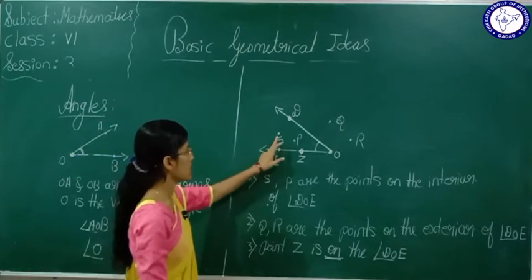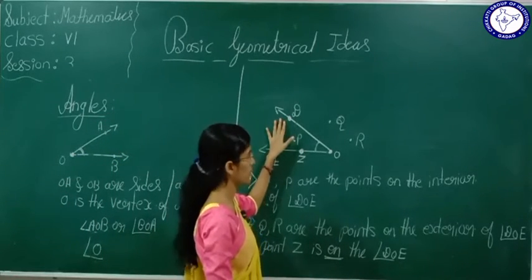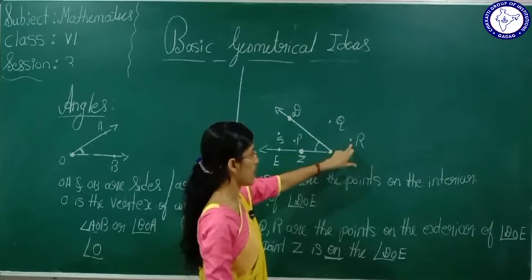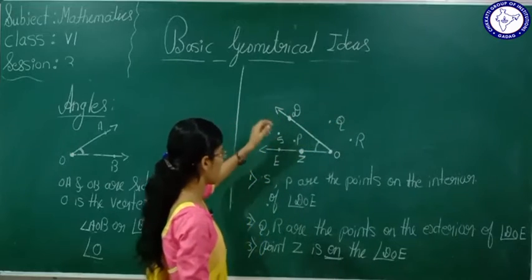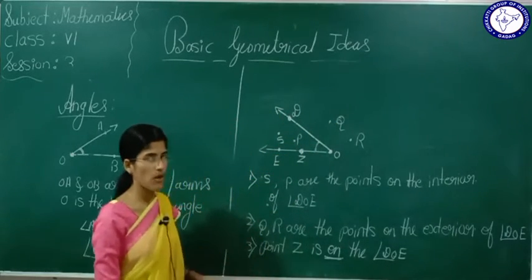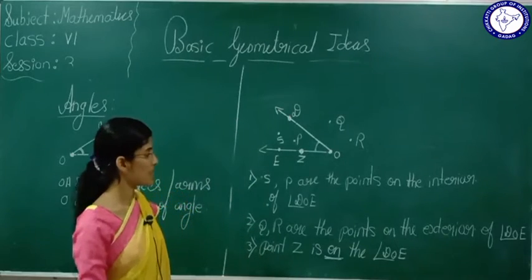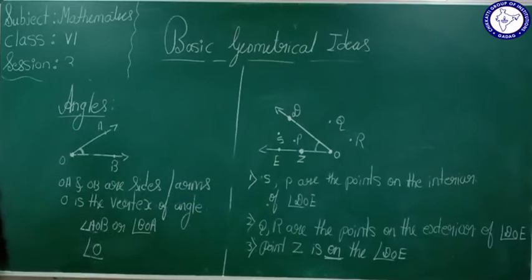Now see here, S and P are the points on the interior of angle DOE. Points Q and R are on the exterior of the angle DOE. And point Z is on the angle DOE. This you have to understand. So based on this we are going to solve exercise 4.3.